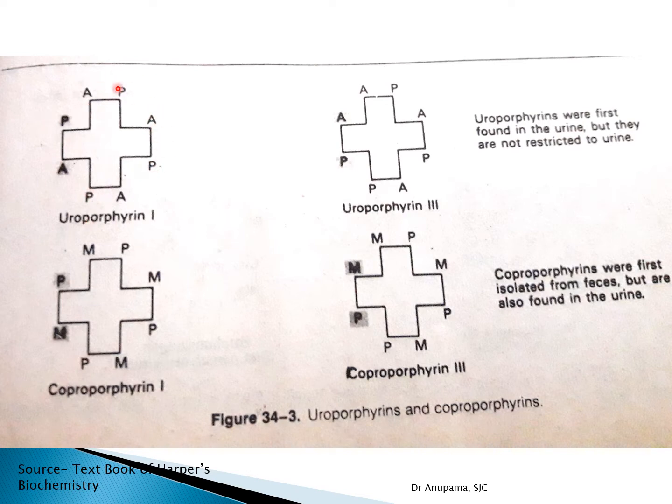This is symmetric substitution, while uroporphyrin 3 is an example for asymmetric substitution where you have PA at the fourth pyrrole ring. Same way, coproporphyrin has methyl and propyl groups uniformly, so this is the symmetric one, while here it is propyl and methyl at the 4th pyrrole ring, hence this is an asymmetric substitution. So coproporphyrin 1 is symmetric while coproporphyrin 3 is asymmetric.